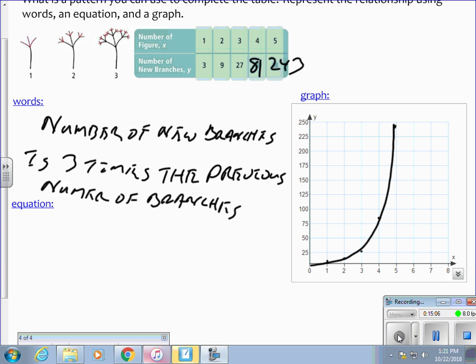The equation for this is actually much harder than the other ones. It's an exponential. It's 3 to the x. Because I'm taking 3, this is 3 to the first power. So if I look at this one here, this is actually 3 to the first, 3 squared, 3 cubed, 3 to the fourth, and 3 to the fifth power.